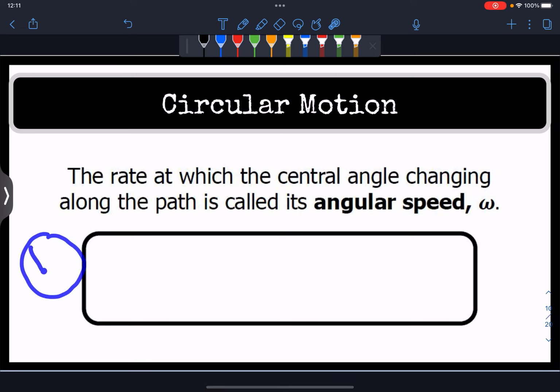Now the way that we calculate this, we use, first of all, this symbol right here. This one's called omega. That's the symbol that we normally use when discussing angular speed. Omega here equals our central angle, theta, divided by time.